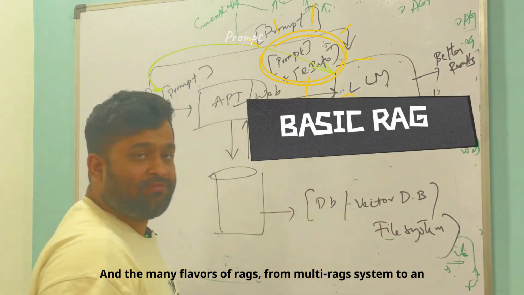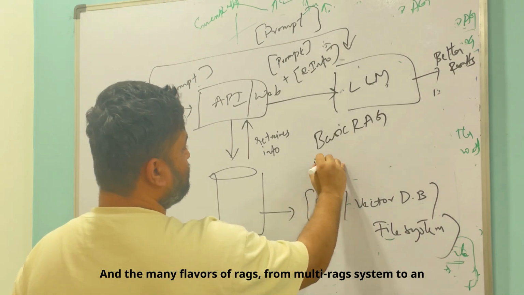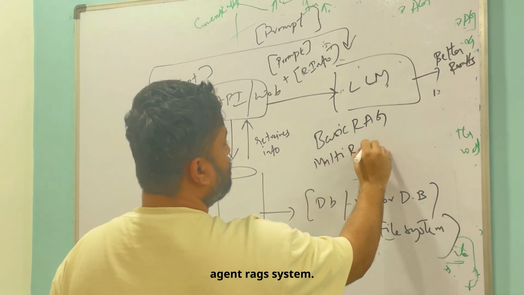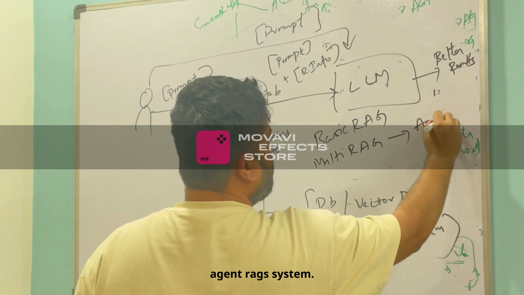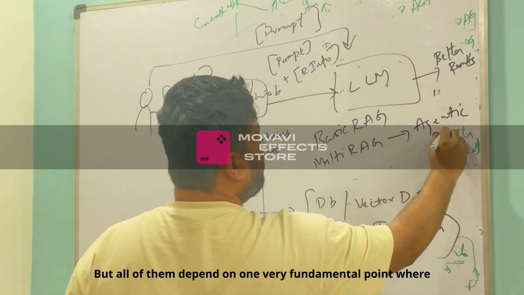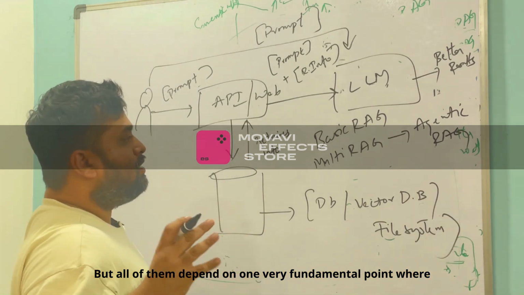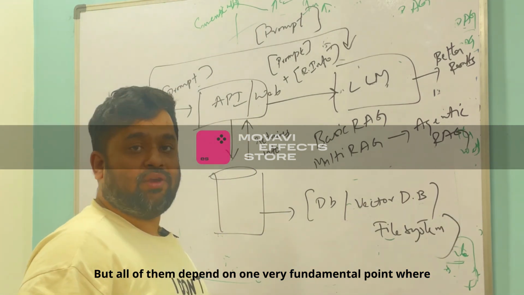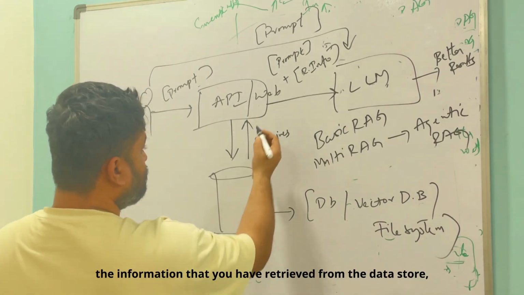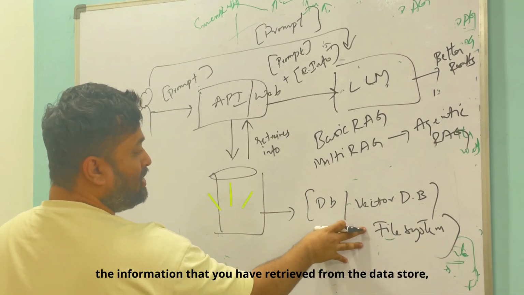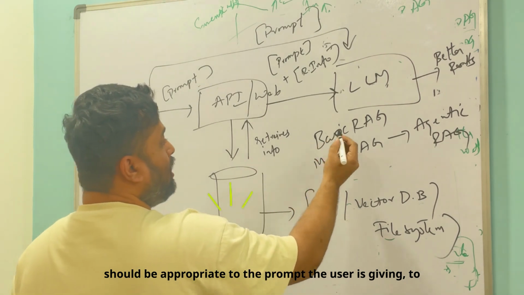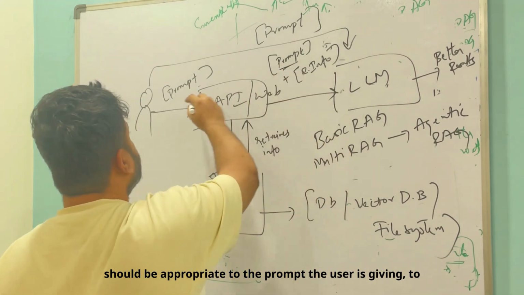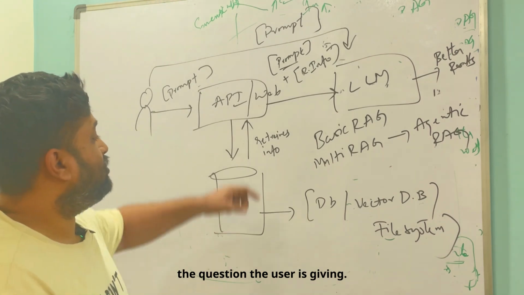And there are many flavors of RAG, from a multi-RAG system to an agentic RAG system. But all of them depend on one very fundamental point: the information that you retrieve from the data store should be appropriate to the prompt the user is giving, to the question the user is giving.